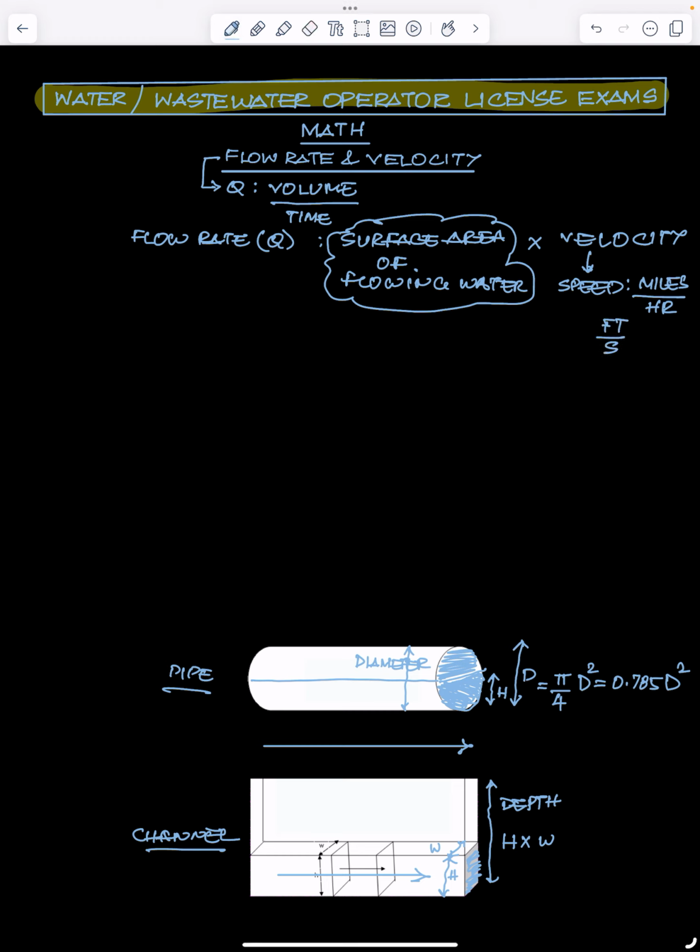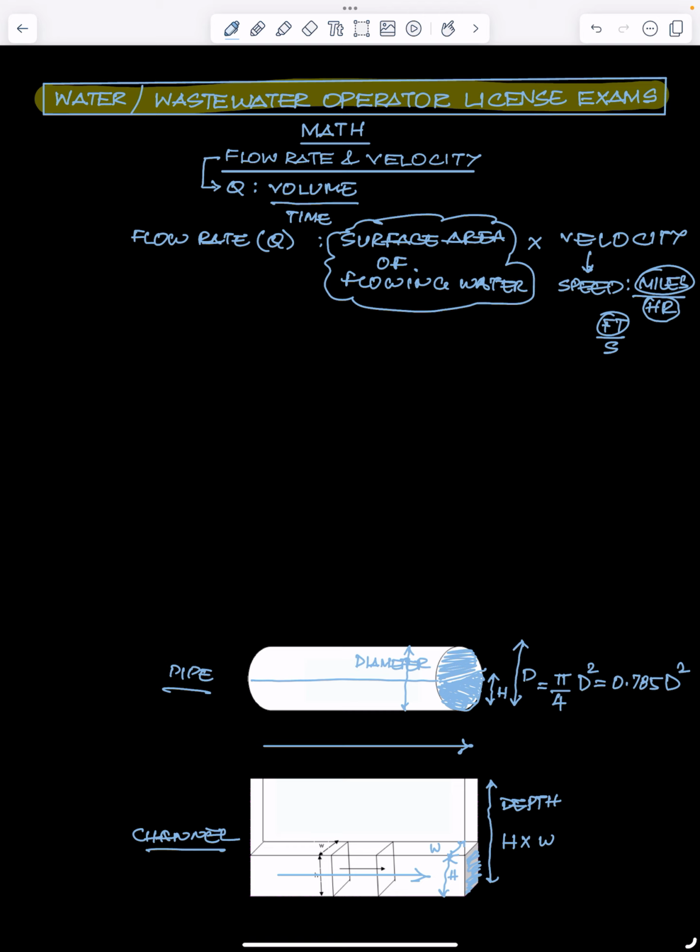Note that velocity or speed is basically the distance, here in miles, here in feet, that is traveled within a certain period of time. So this is miles per hour: how many miles are covered in 1 hour? And in this case, the velocity is feet per second: how fast the water is flowing, how many feet does the water flow in 1 second. So that is basically the velocity.